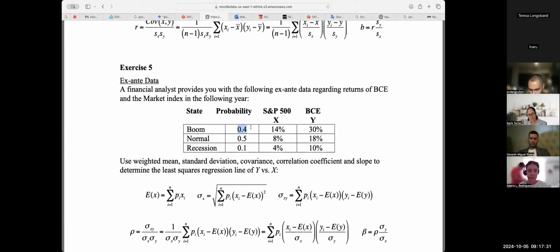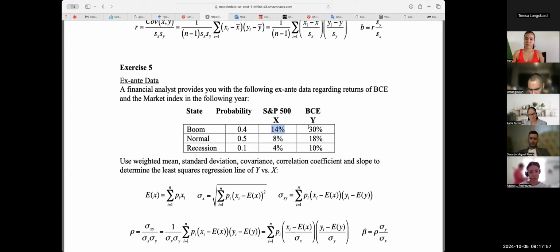With 40% likelihood, we think that the S&P 500, which is a measure of the top 500 performing stocks, and the return per dollar invested over the coming period that we're looking at, is going to return for every dollar invested 14%, which is above average. Average is about 11 or 12 historically.